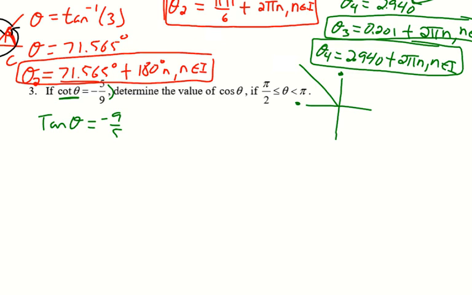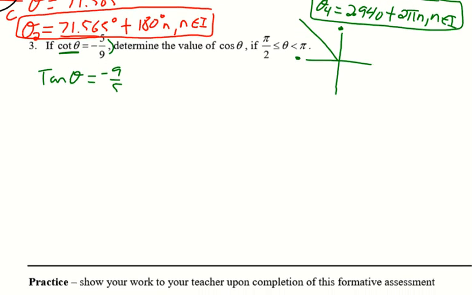All right, so what is it that I actually have here? Remembering, top one is my y, or opposite. Bottom one is my x. And I'm in this quadrant.